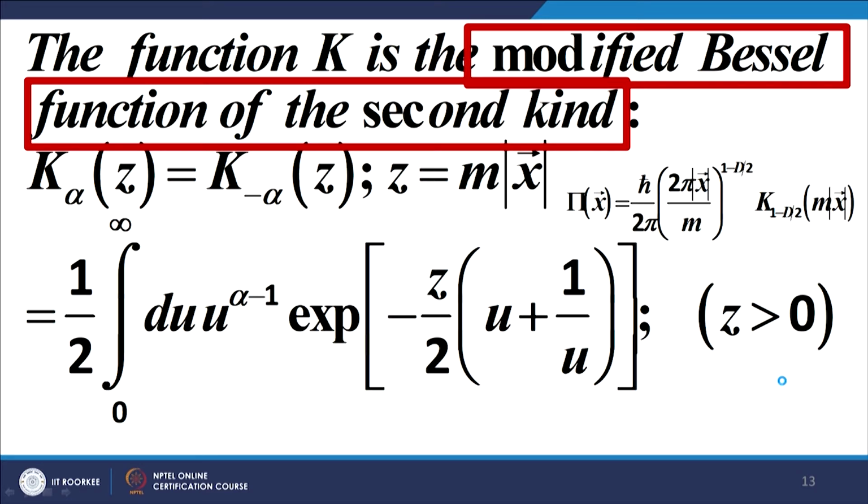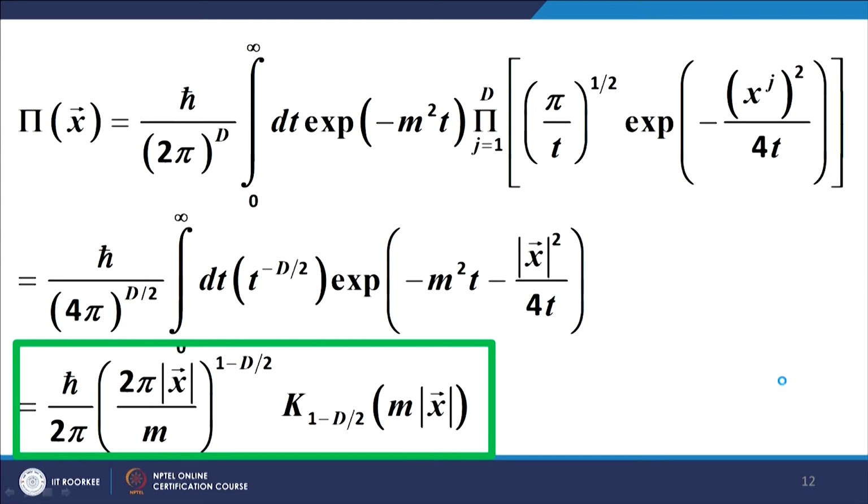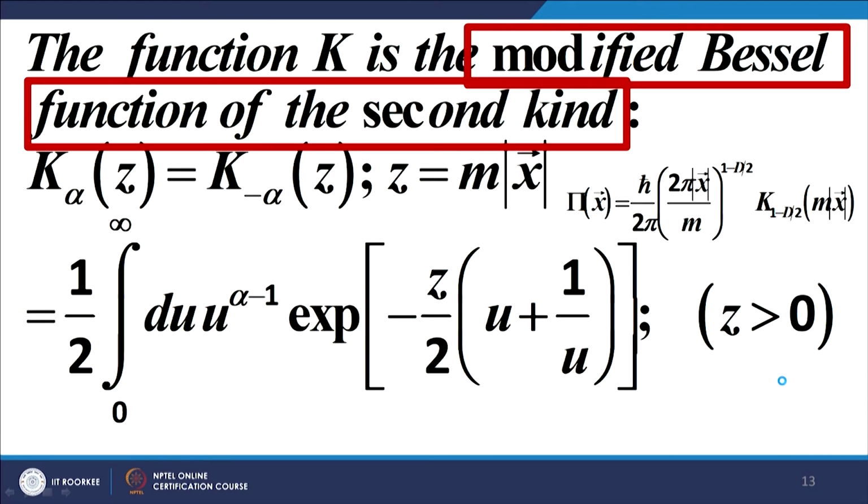Just a recall, z here is equal to m mod x, as you can see in the previous slide. It is the modified Bessel function of the second kind, and the argument is z. So, z is equated to m mod x, and the expression for the propagator is given in the small box here at the right hand side of your slide, and the integral representation of the modified Bessel function is given right at the bottom of your slide.